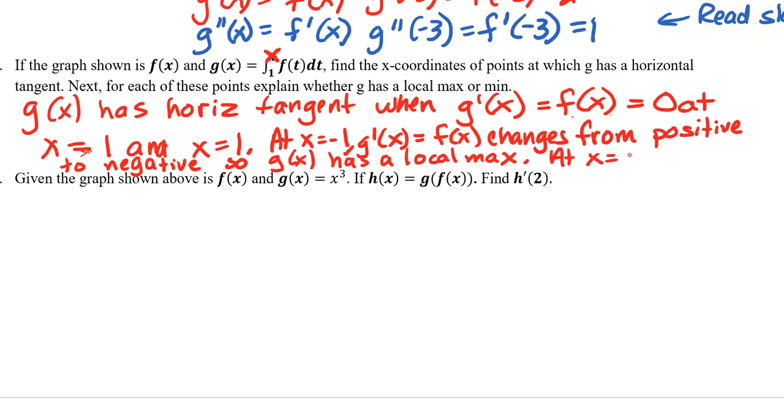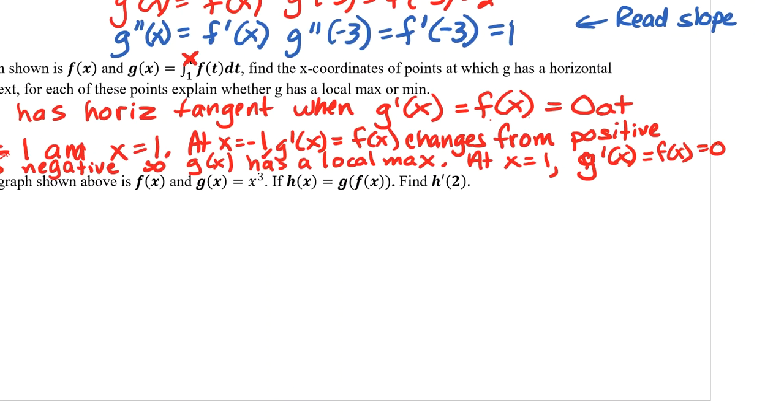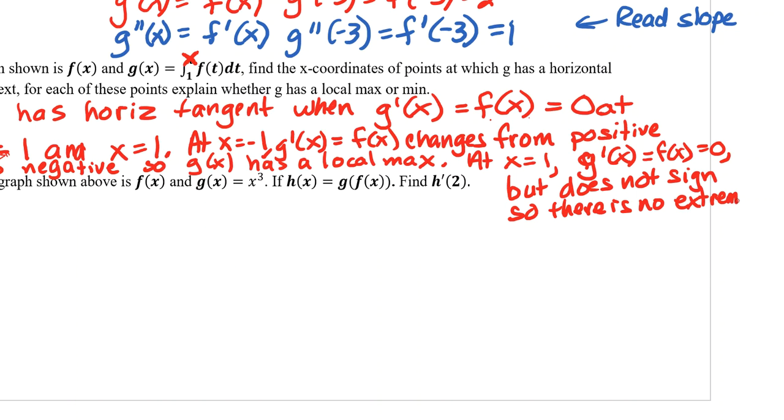At x equals positive 1, g prime of x equals f of x is equal to 0, but does not change sign. So there is no extremum. All right.